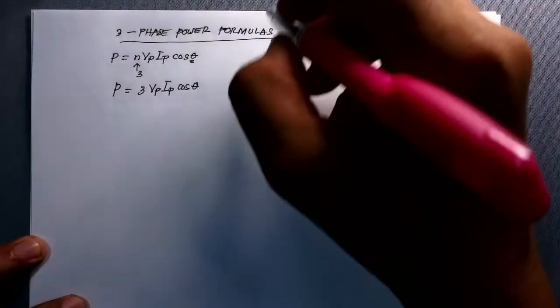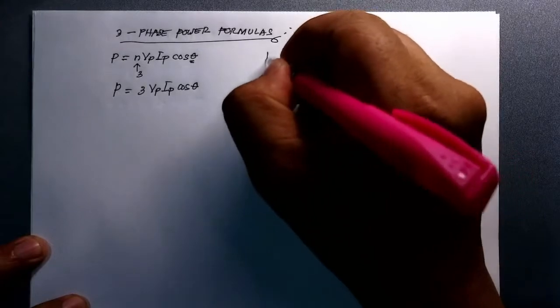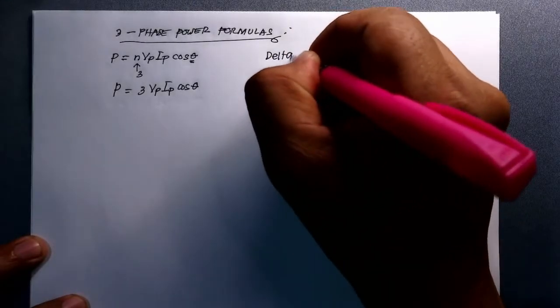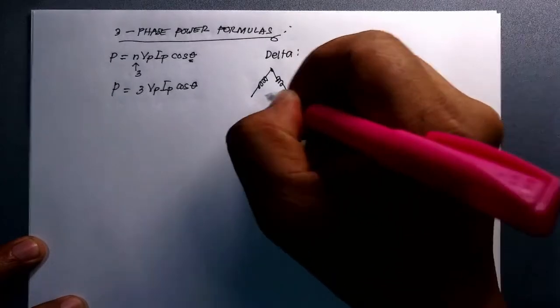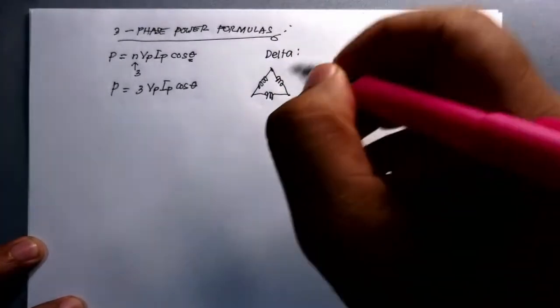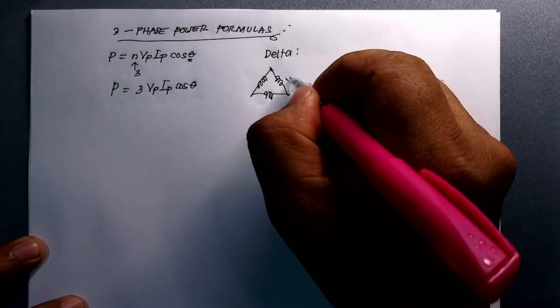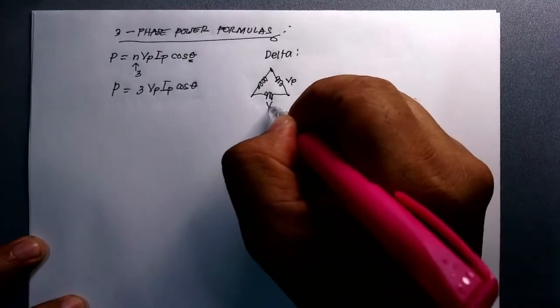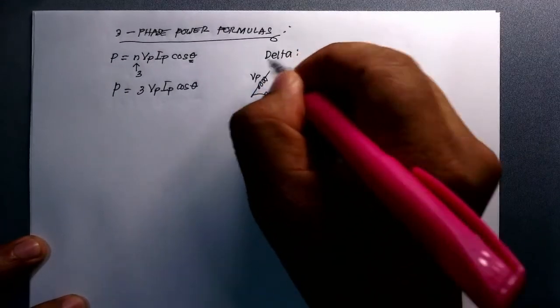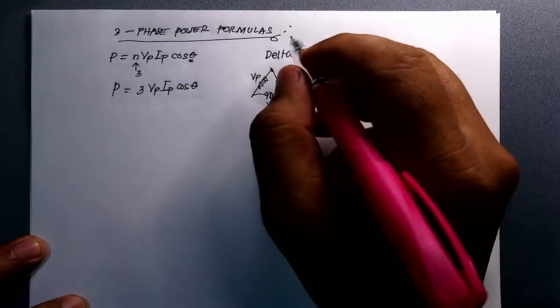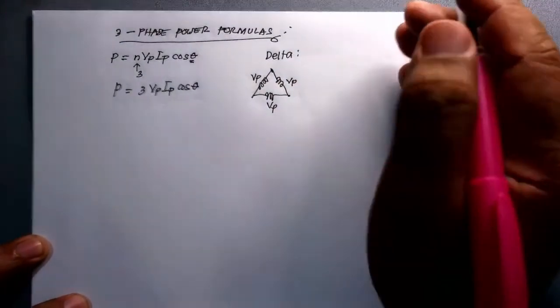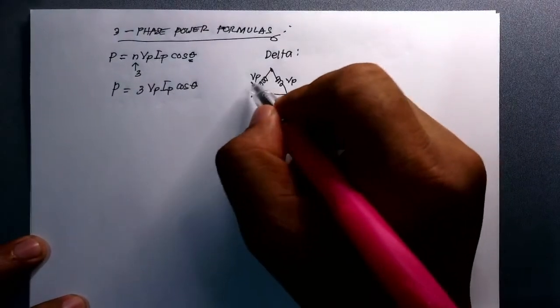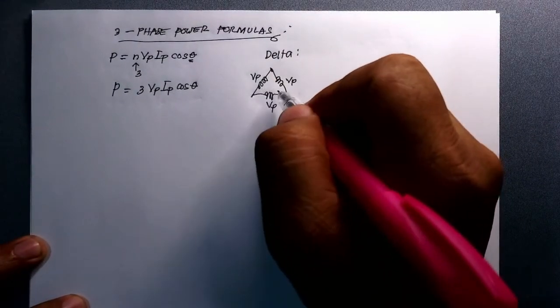So for your delta, this is the figure or the circuit diagram. Each one here is V sub P, V sub P, and V sub P. By the way, this is a balanced circuit, because there are also circuits where the phase voltages and line voltages are not balanced.